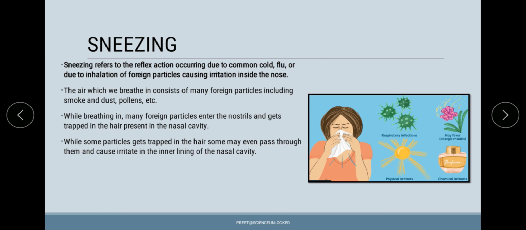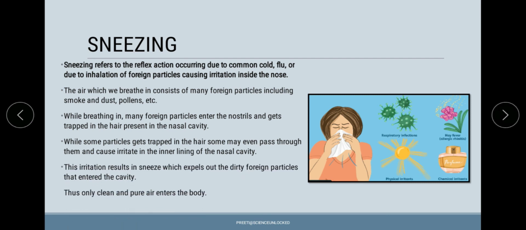So they get trapped inside the nasal cavity, and the lining starts getting irritated. This irritation results in sneezing, where the body tends to remove all the impurities stuck in the small hairs of the nasal cavity or the nostrils, which ultimately helps in cleaning and purifying the air that is entering the body.